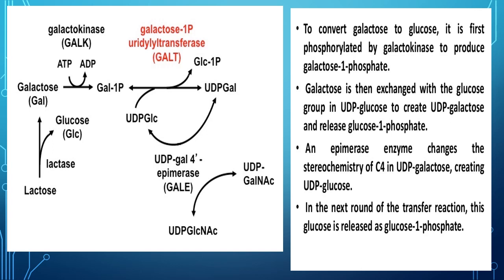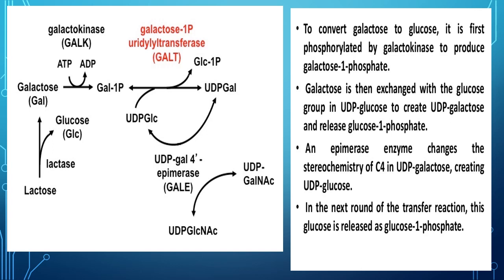ATP here acts as a phosphate donor. This galactose 1-phosphate will combine with uridine diphosphate glucose and form uridine diphosphate galactose.